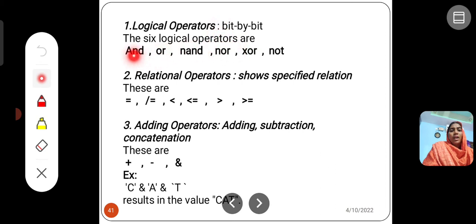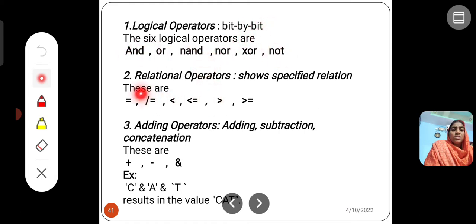They are AND, which will give the AND operation between A and B or inputs, OR, which is a bit by bit OR operation, NAND, NOR, XOR and NOT. These are all logical operators, and all these are bit by bit operations.